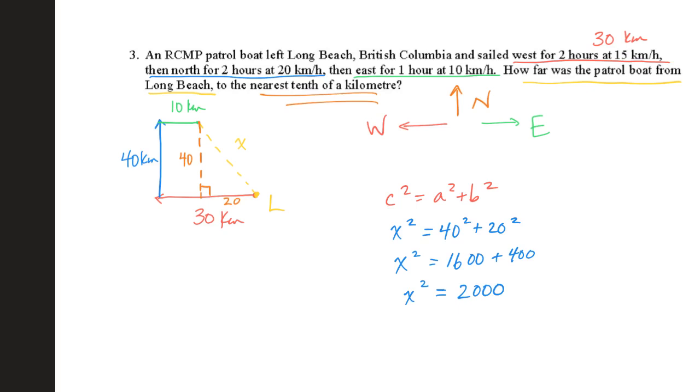So I need to round this to 1 decimal place. And so I'm going to get 44.7. Two things of communication. We just rounded that, so we have to put a dot on our equal sign to show that we rounded. And in this problem, there are units, so we need to make sure that we include those units. There's our kilometers, and we are good.